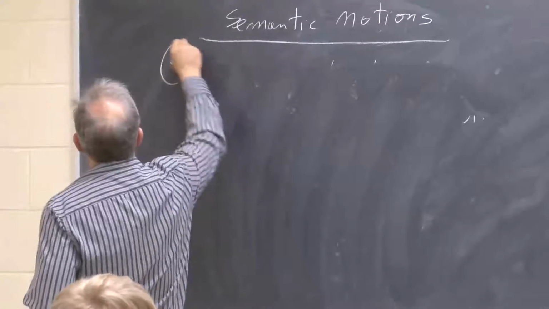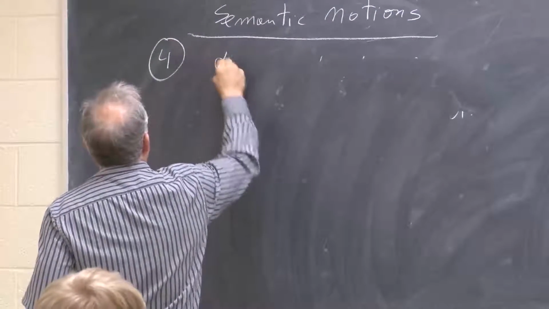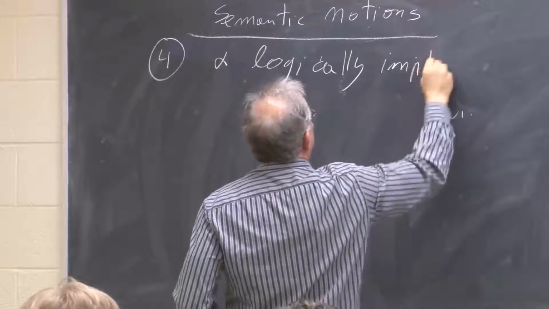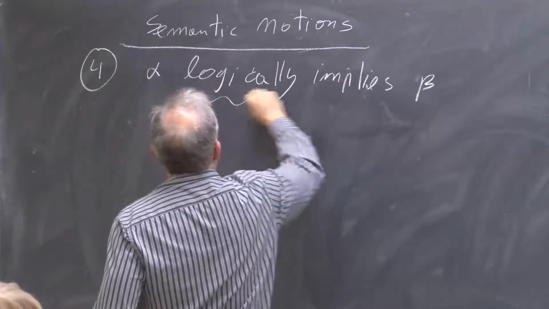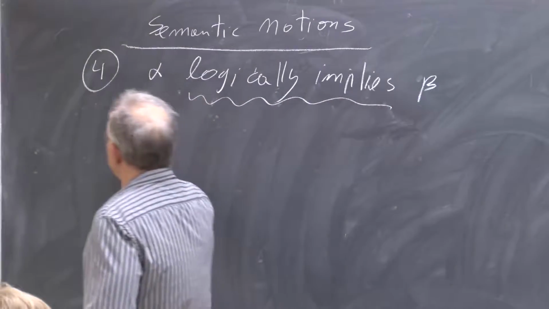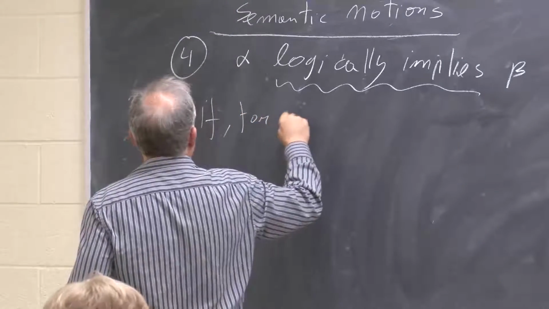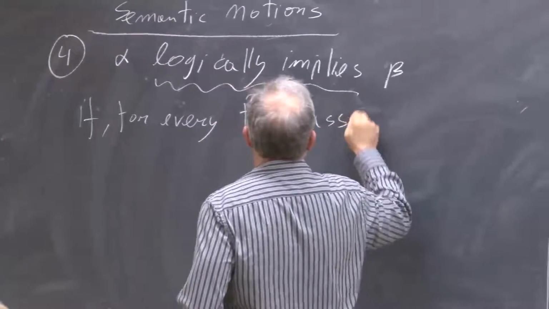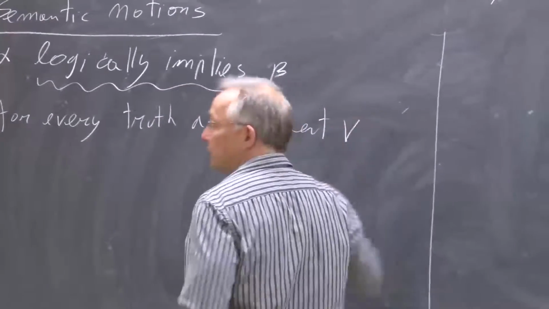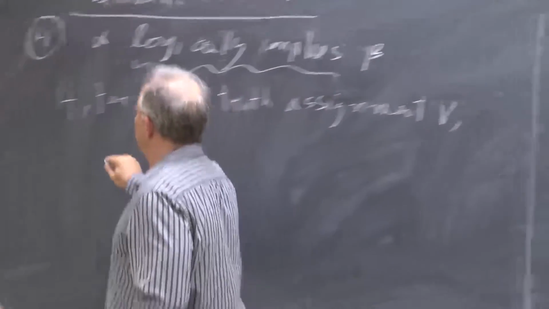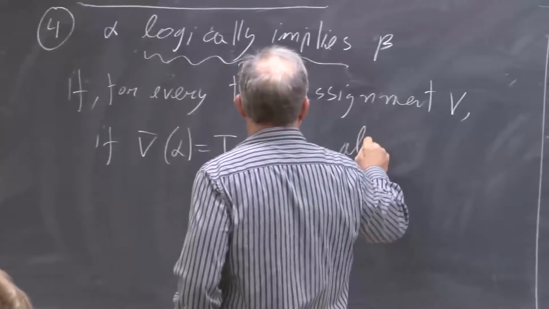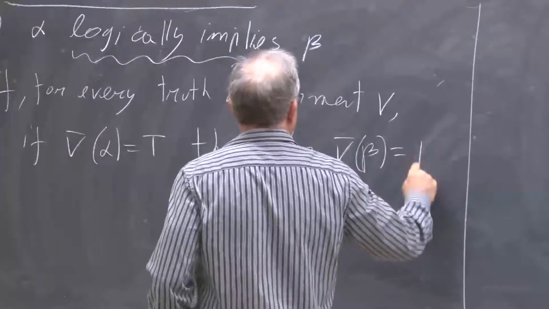So another one, so our fourth semantic notion is, I will say that alpha logically implies beta, so this is a new notion, logically implies, if for every truth assignment V, if V hat of alpha is true, then also V hat of beta is true.